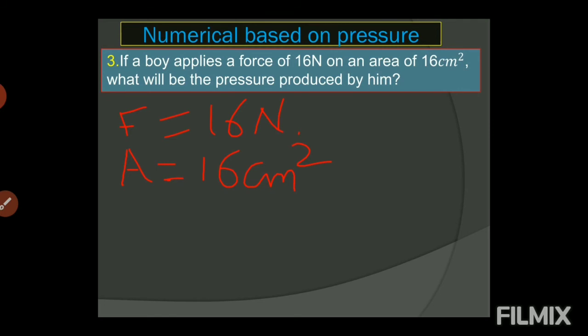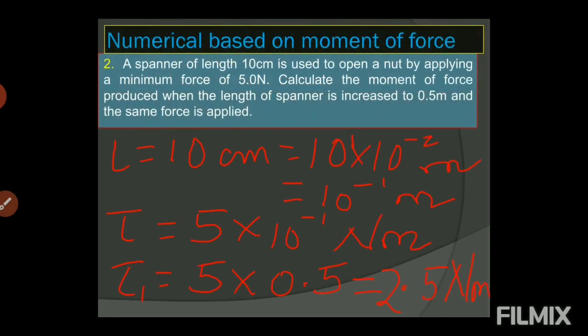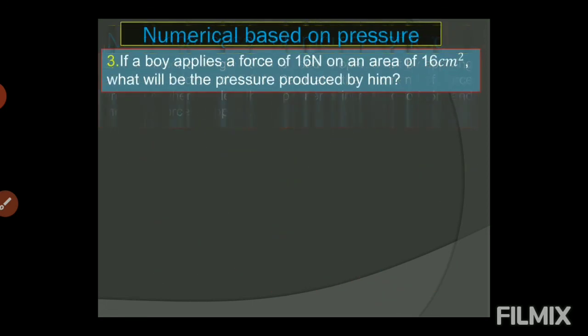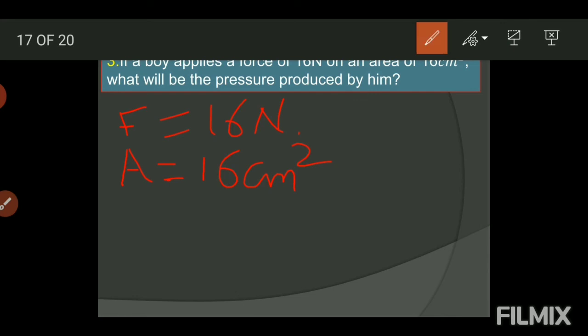Children, so we'll need to convert this centimeter square to meter square. Let me show you how to convert centimeter square to meter square. You know, 1 centimeter is equal to 10 to the power minus 2 meter.